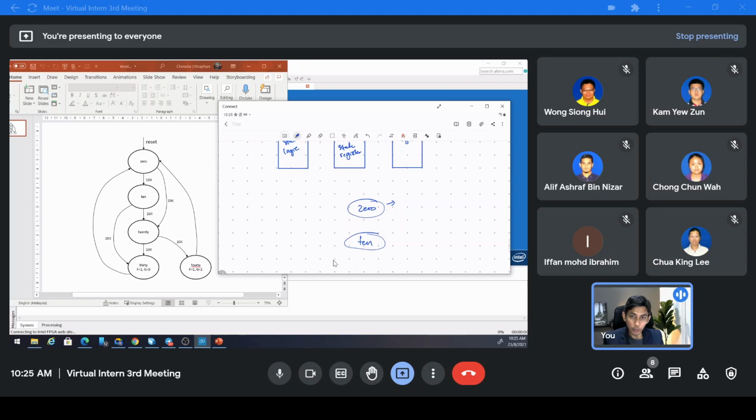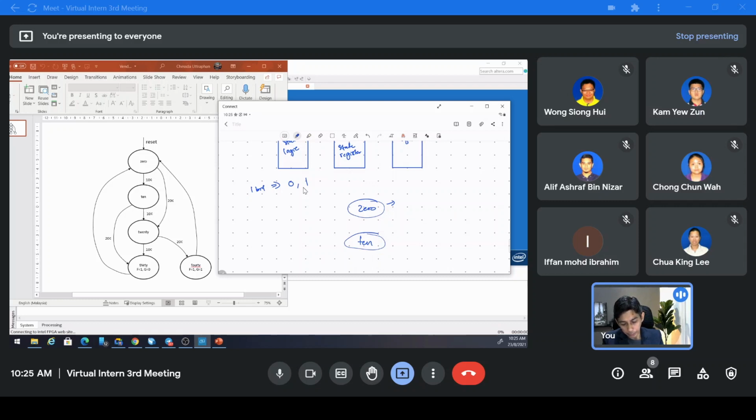If we use 1 bit, the numbers that we can use are only 0 and 1, right? So in this case, we cannot represent all the states, because this can only have 2 numbers, so it can only represent 2 states.